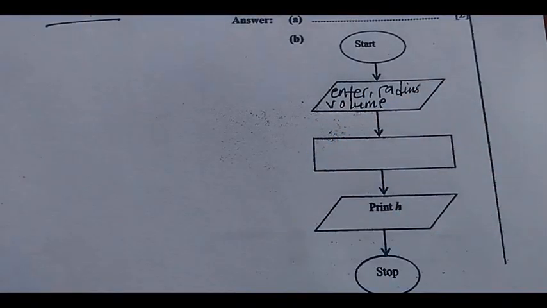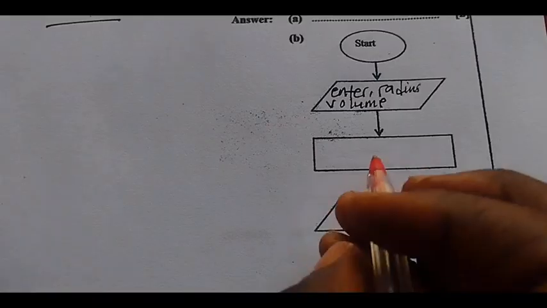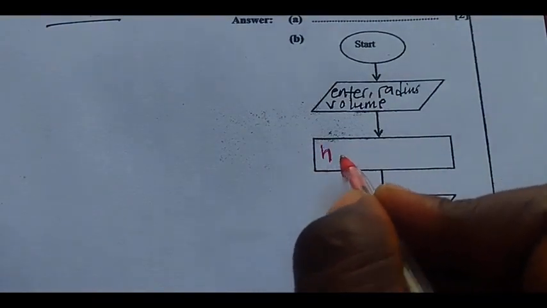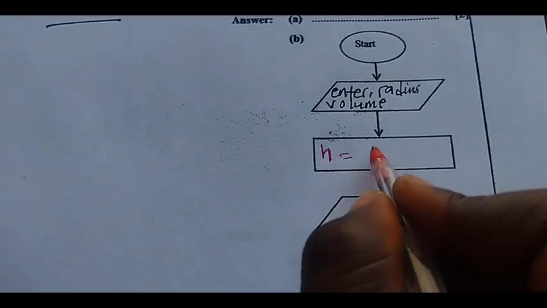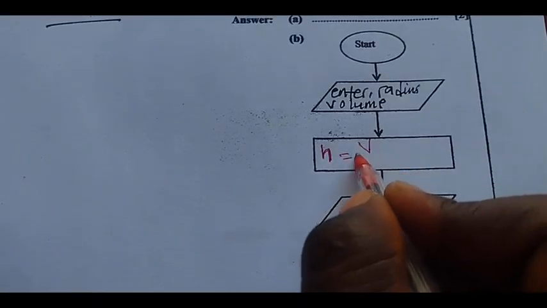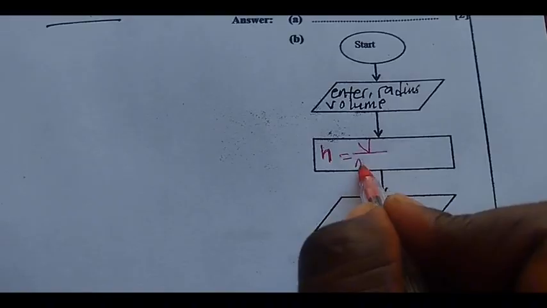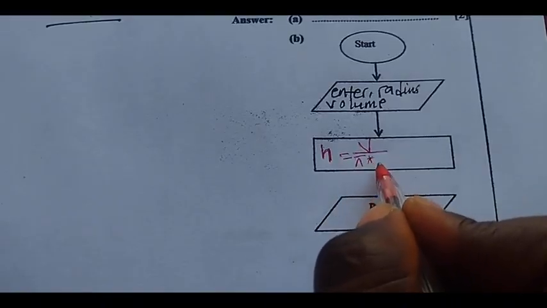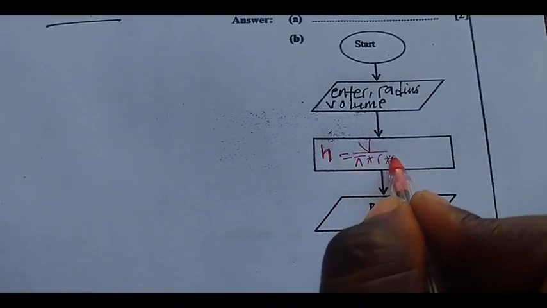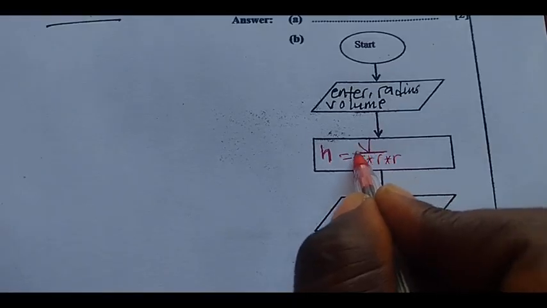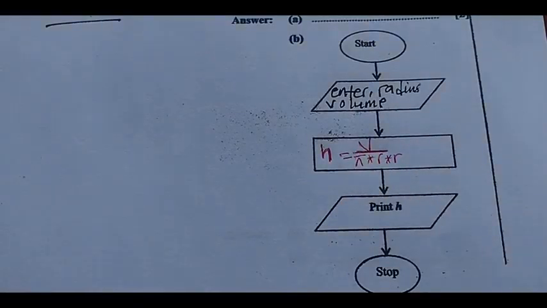After entering the radius and the volume, then here we are going to display the height is equal to volume over pi times radius times radius. So this is our answer.